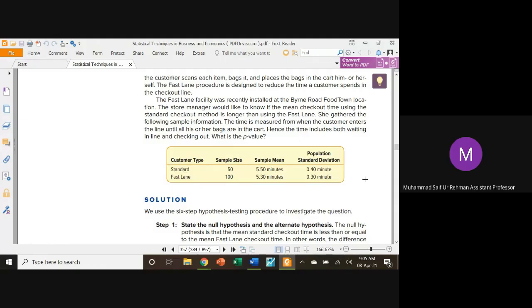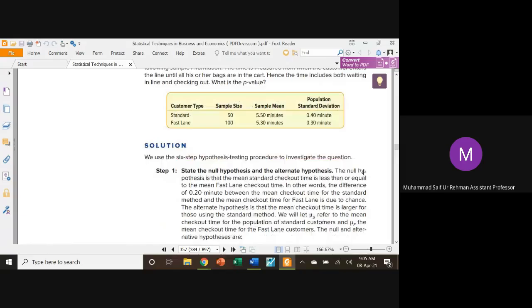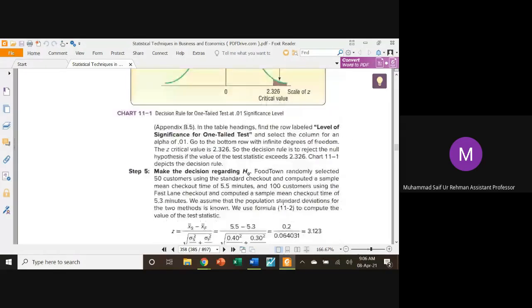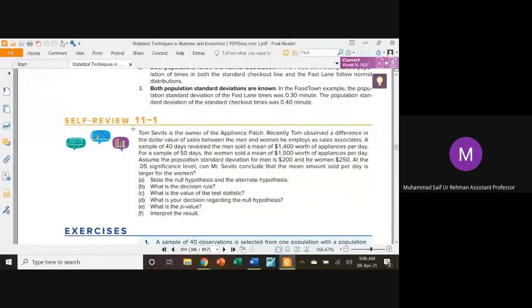So fast lane is better because less time is being consumed in the fast lane. Right? So whatever you have seen in the sample, that is not by chance. Actually, that is occurring. So in this way, you are taking into account two populations and you are solving the question. So now we may solve this question completely.